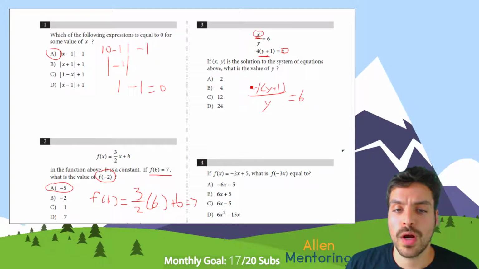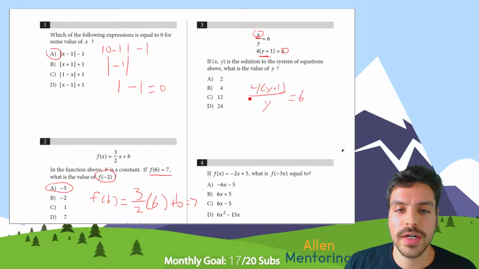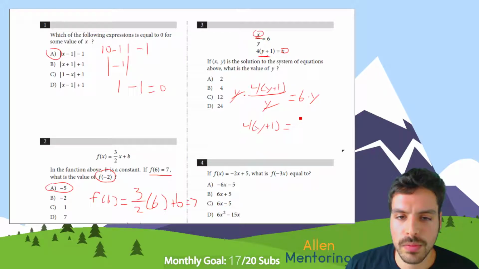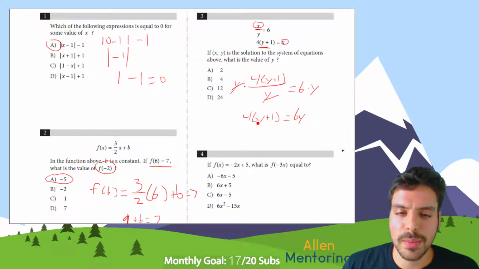And if you have been following along with me, you know that the best way to get rid of a denominator is to multiply it on both sides. So we're going to multiply by y here, multiply by y here, and this y cancels out. And so now we get 4y plus 1 is equal to 6y. Okay, so now it's a pretty simple algebra problem.